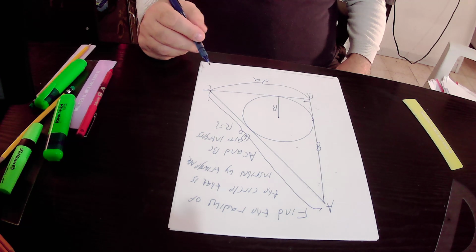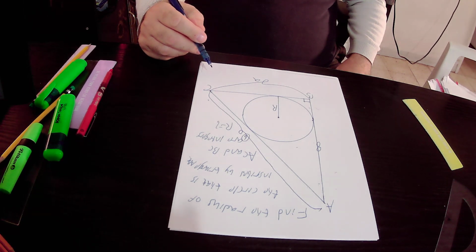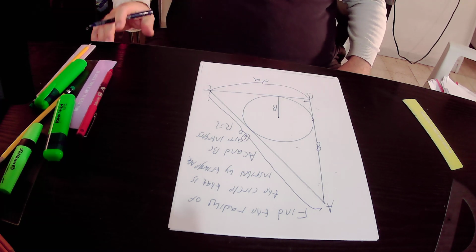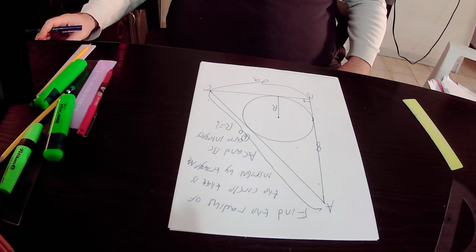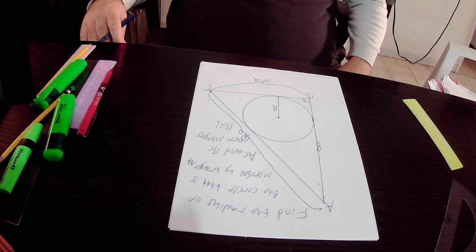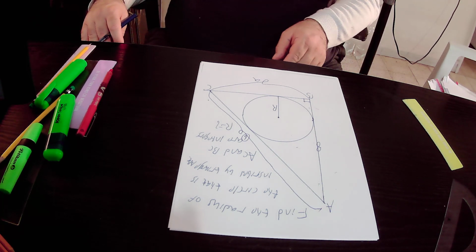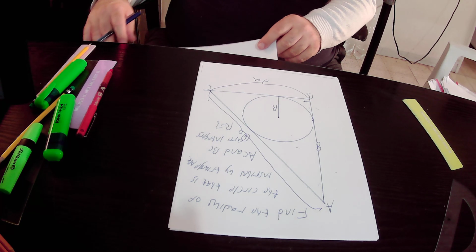And we will apply the Pythagoras theorem on the right triangle ABC. According to the Pythagoras theorem, in the right triangle ABC, the square of the hypotenuse equals the sum of the squares of the perpendiculars.